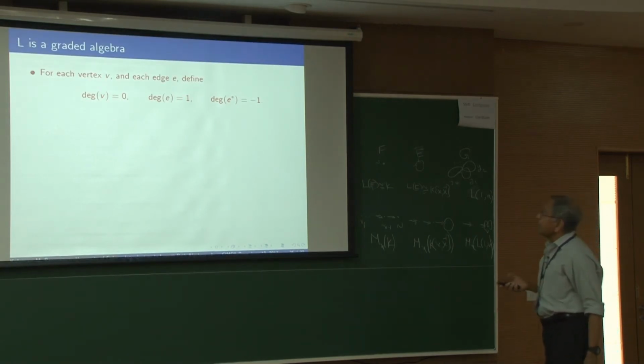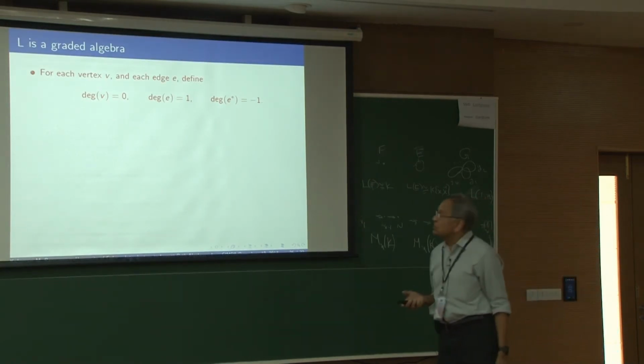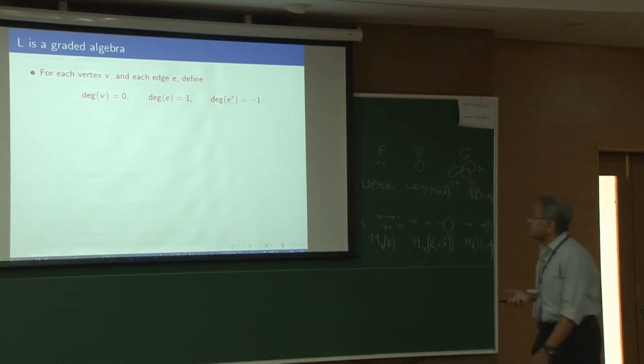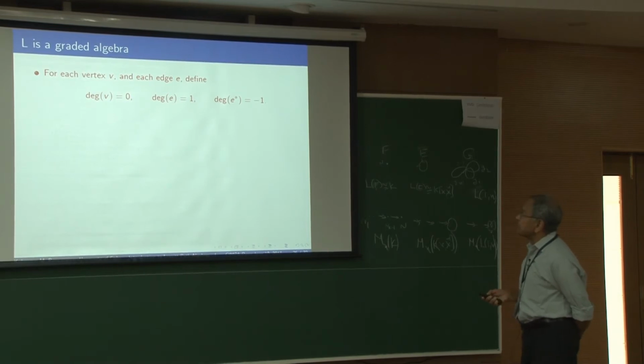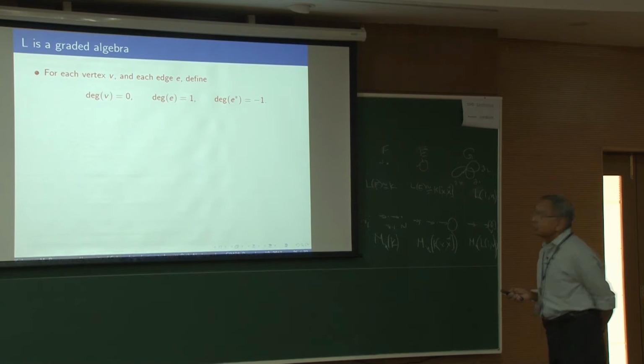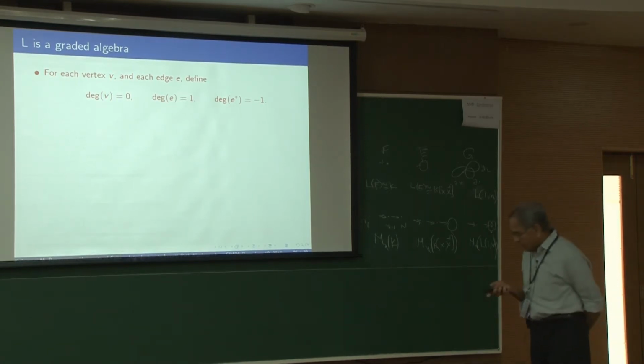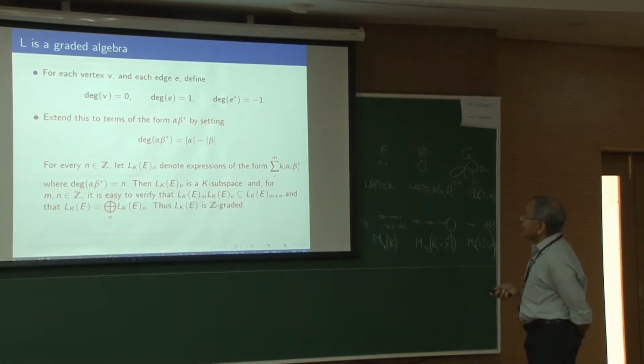Just quickly, how it is a graded algebra. In order to make the Leavitt path algebra graded, we say the degree of every vertex is 0, the degree of any edge is 1, and the degree of any ghost edge is -1. If I have a path, you can extend this to a general monomial of the form alpha beta star, saying the degree of alpha beta star is simply the length of alpha minus the length of beta.